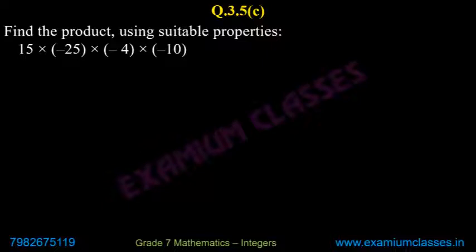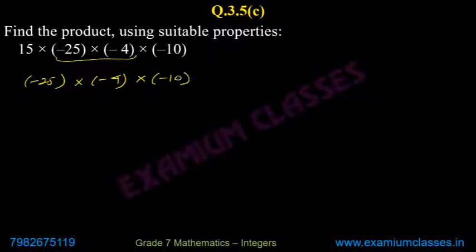Yes, Samarth, correct. Okay. You can write it in any order. Basically, first try to get 100, 200 like that. So these two, if multiplied, will give you 100. Minus 25 into minus 4 will give you plus 100. It means you need to have this one first. So have this one written as minus 25 into minus 4. After that, you can have minus 10 multiplied by 15.